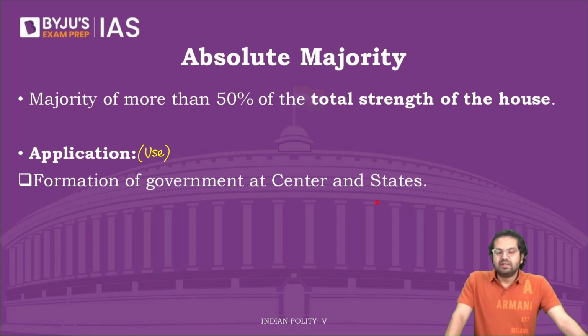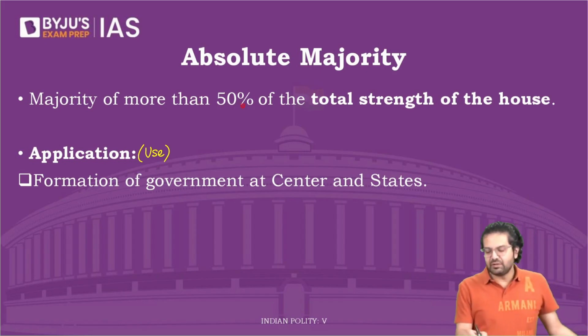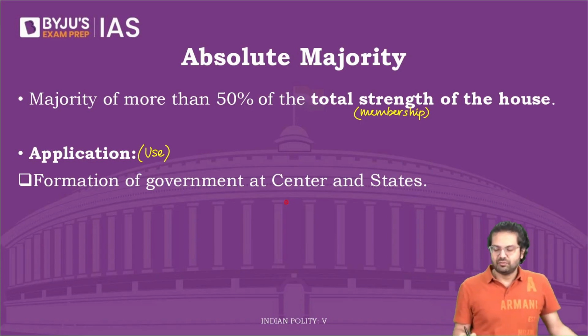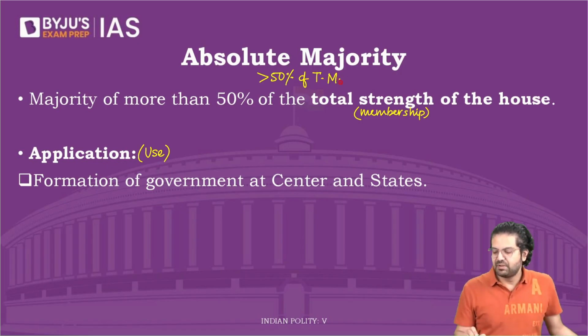Meaning, these many people should be in favor of them in the house. Now, absolute majority means more than 50% of the total strength, meaning total membership of the house. More than 50% of total membership, TM.